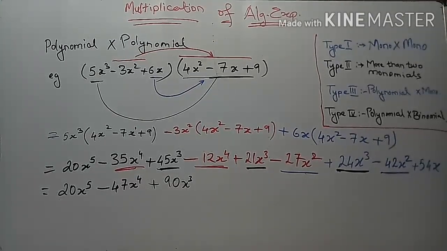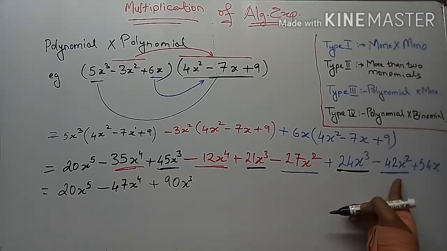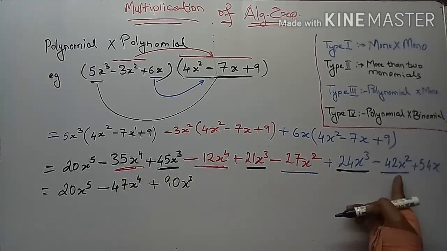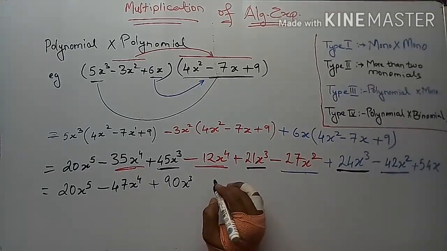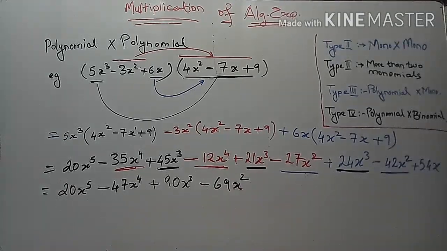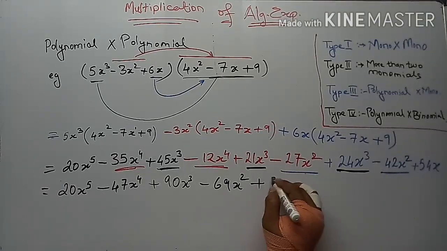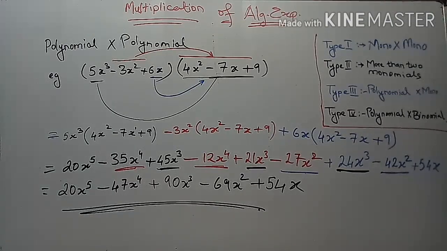Now what we are left with is x square terms, minus 27 x square minus 42 x square. Both signs are same, so they'll get added and take the sign of the greater number, that is minus 69 x square. You need to know addition and subtraction of integers for this. And the lone term over here, plus 54 x. This is your final answer.